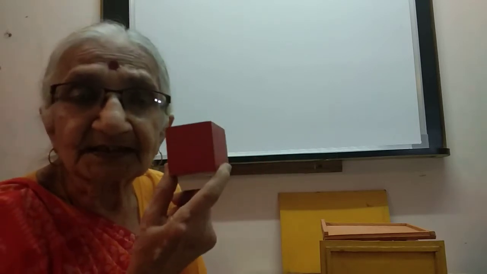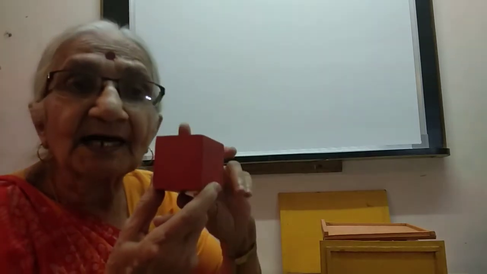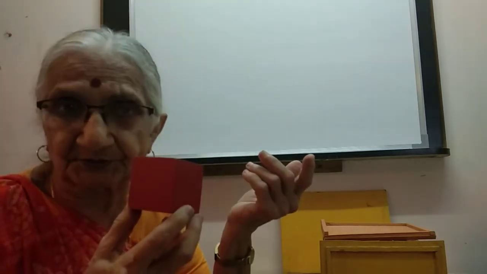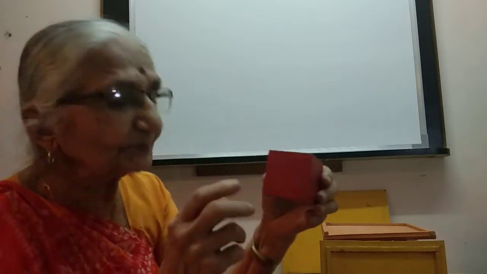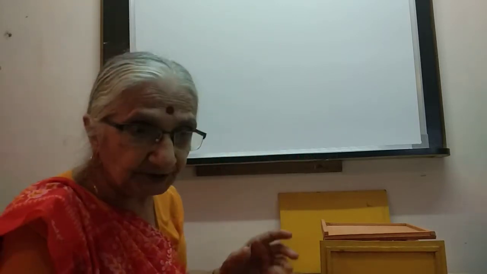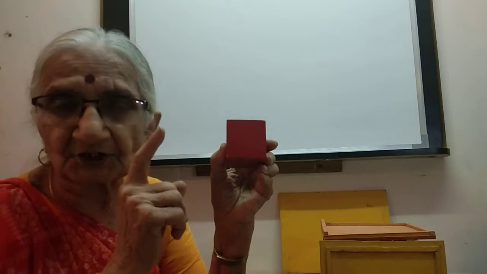Then what is the volume of this cube? Well, the volume of this cube is 1 cubic unit. Okay, I want a cube which is double the size, which means 2 cubic units. What should be the side? Suppose I want a cube whose volume is going to be 2 cubic units, or 2 in short.